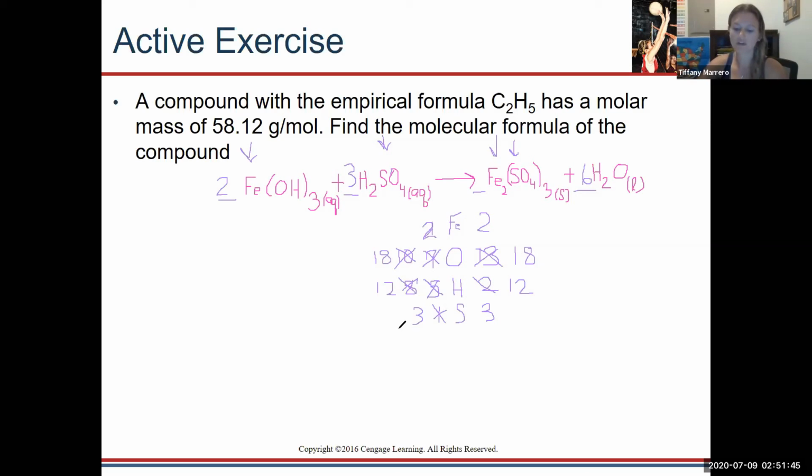Is this the same problem from this morning, just done differently, right? No, this is a different problem from this morning. This morning we had barium hydroxide and phosphoric acid. You guys are doing iron 3 hydroxide and sulfuric acid.